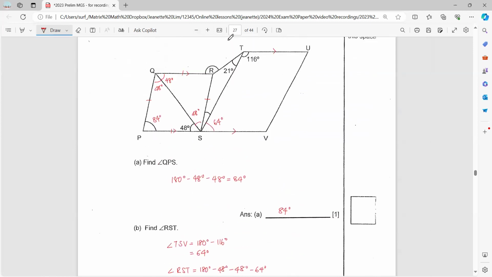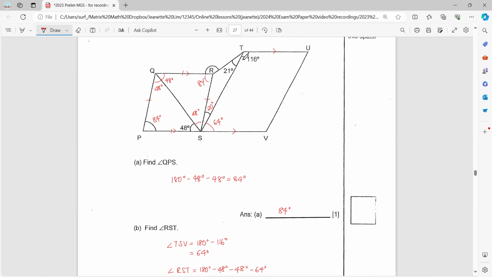QRT. Okay, this obtuse angle over here. Now, this is 20. This is 84. So we can use angles at a point, 360, minus away 84 and minus away this angle here. So we need to find this angle SRT.